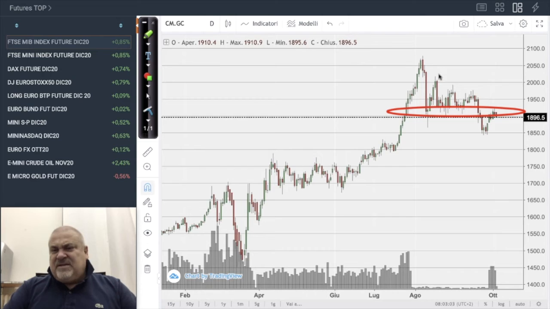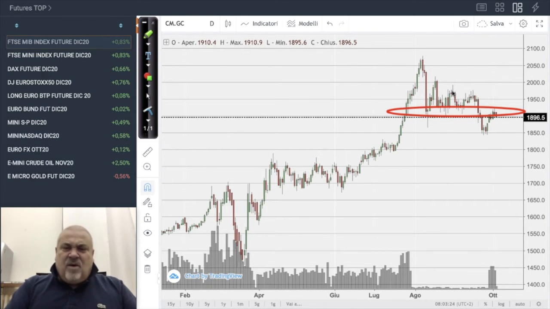This is based on the fact that we have decreasing maximums here, okay, and then if there is another maximum here, it's still decreasing. So it's really important to monitor this price, this area.